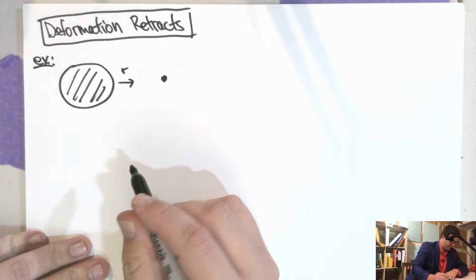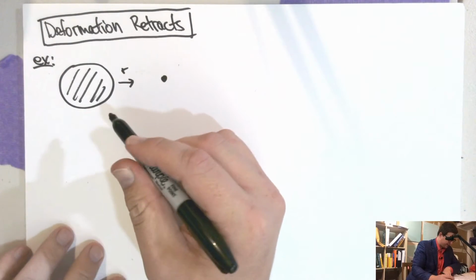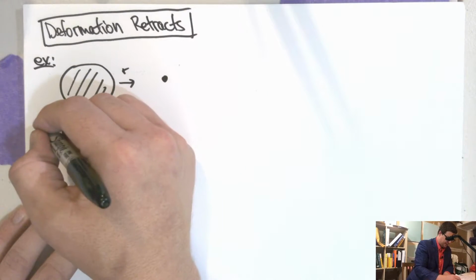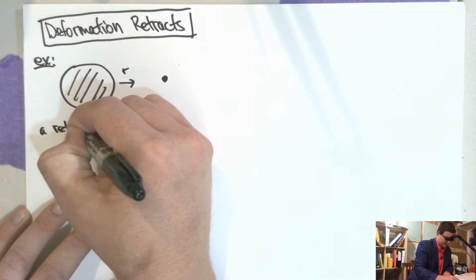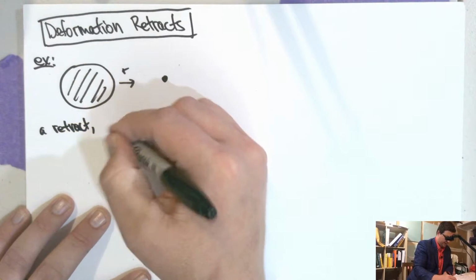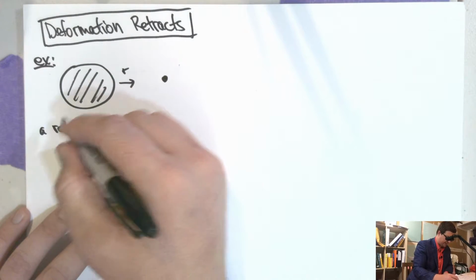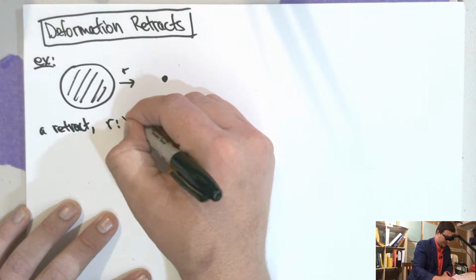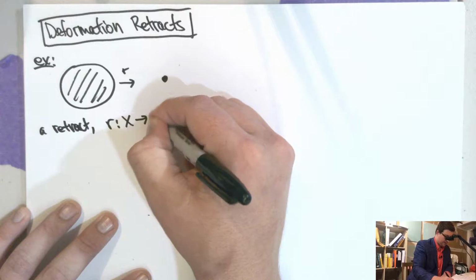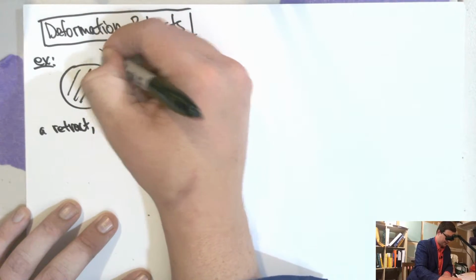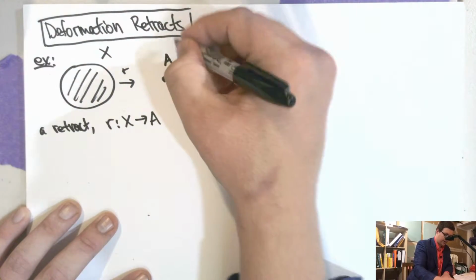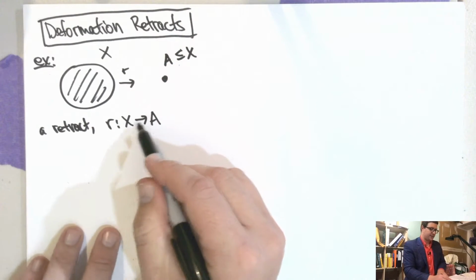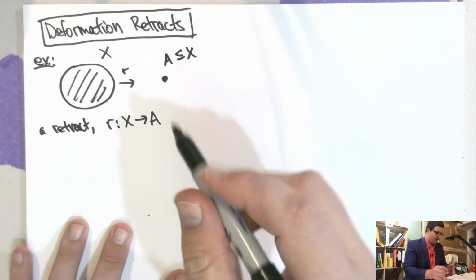But this is actually a deformation retract because, so this is a retract here, because we have a map R from X to A, where this is X and this is A, which is the point, and this is a subset of X. Okay, so we can kind of view this as a map from X to X, right?